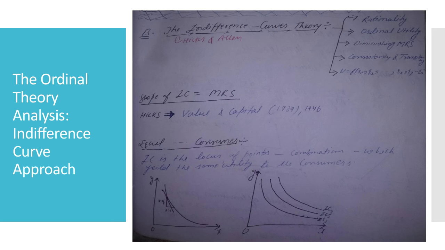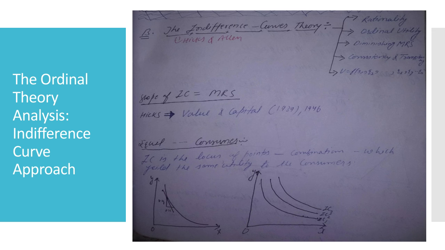And this theoretical approach is also based on some assumptions. These are rationality, ordinal utility, diminishing marginal rate of substitution, consistency and transitivity of choices, and total utility is a function of individual utilities.